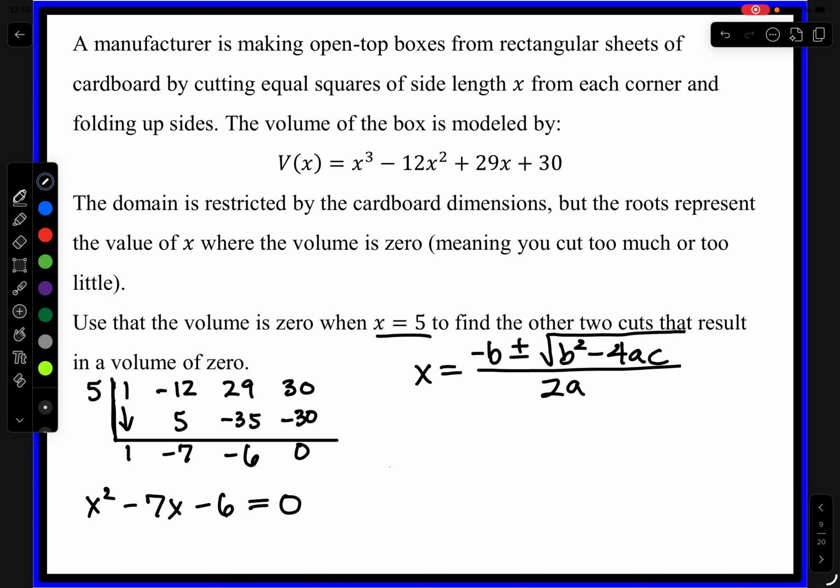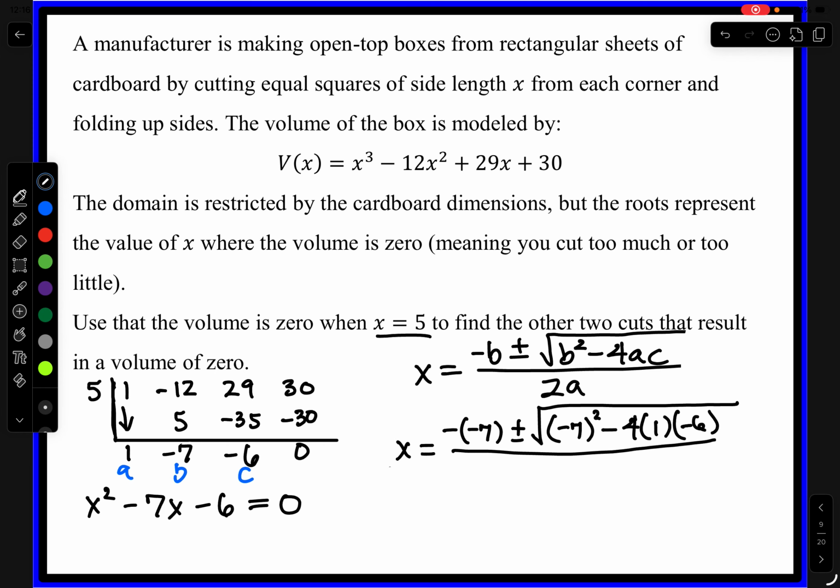So with the values of a being 1, b being negative 7, and c being negative 6, we're going to plug it into our quadratic formula. The negative of our b value is negative negative 7, plus or minus the square root of our b, which again is negative 7 to the second power, minus 4 times our value of a, which is 1, times our value of c, negative 6, divided by 2 times our value of a, which is 1.